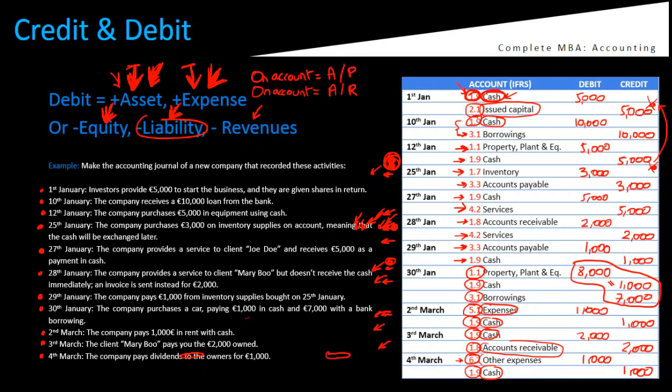As you have seen, the double entry system gives you a lot of information because it doesn't tell you only what was changed, but where the money came from. For example, imagine that in the last line the dividends weren't paid with cash but with borrowings instead. You would know that because an accountant will see here, instead of cash, borrowings, which is 3.1.